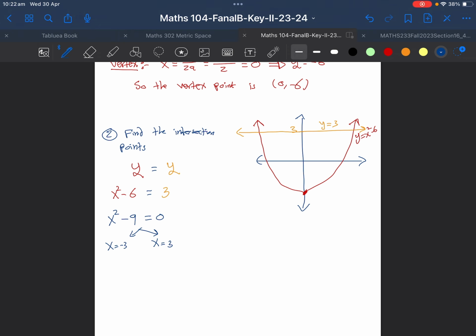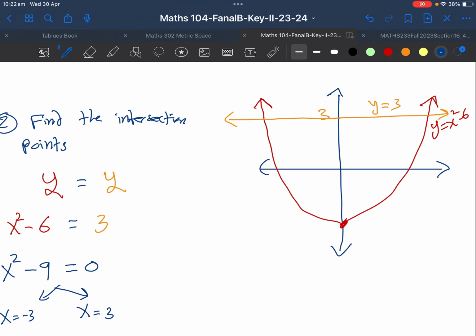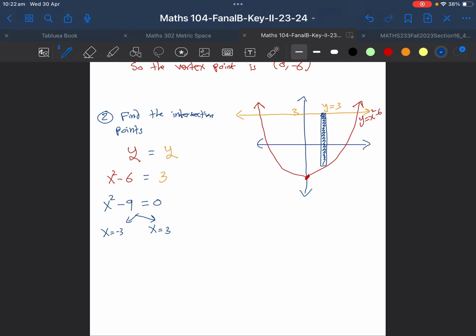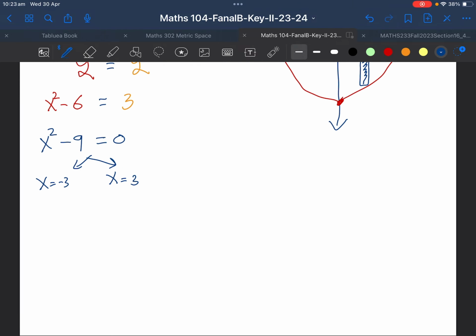Final step, in order to find the area, we need to find what is the top, what is the bottom. So we put a rectangle in the middle of my region. And we ask ourselves, if this rectangle, what is the top one, what is the bottom one? So step number 3, what is the area?